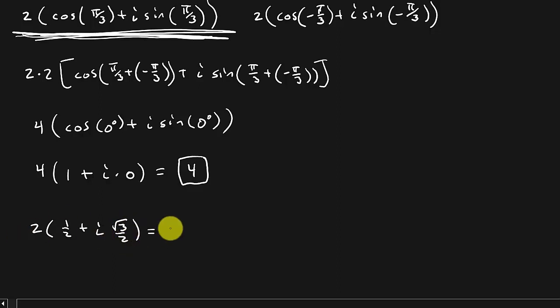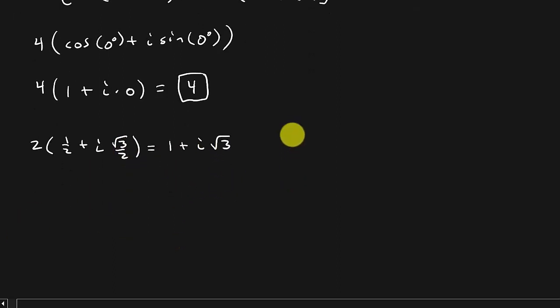And then we distribute, that's 1 plus i square root of 3. So if we multiply the 1 plus i square root of 3 times its conjugate, that's 1 plus i square root of 3 times 1 minus i square root of 3. Remember, when it's in that a plus bi form, for the conjugate you just change the sign in the middle.